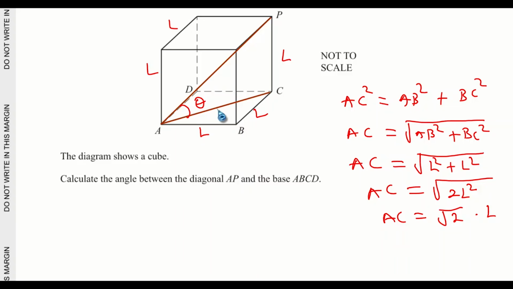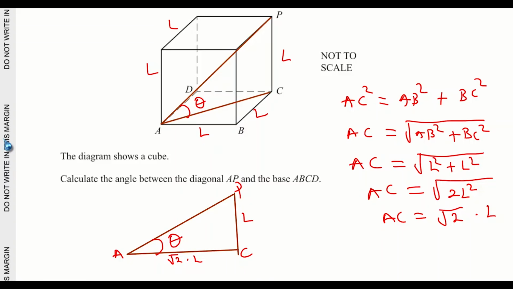Now let's draw this. Let's label this: this is A, this is C, and this is P. So this is the angle we want to calculate, that is theta. This is L, and this is root 2 times L.